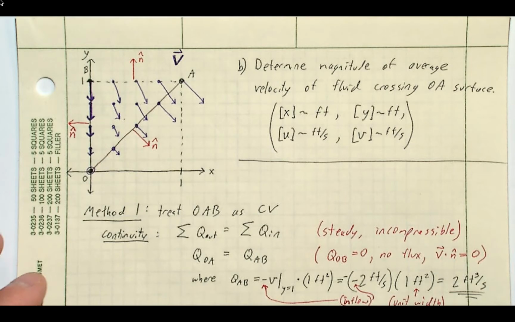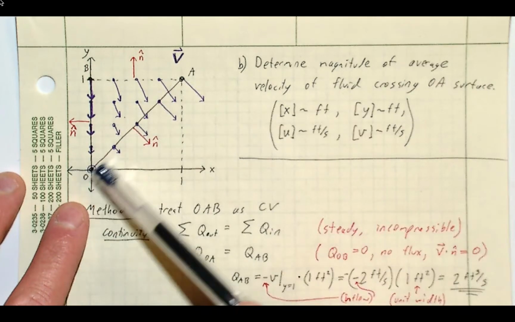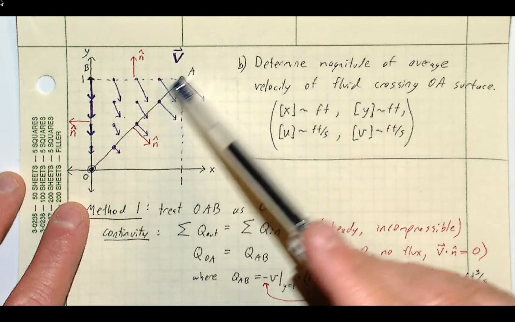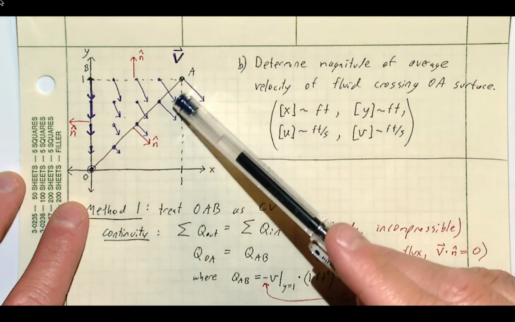So I have 2 methods here. You can already see method 1. In method 1, we rely back on our control volume analysis. In method 2, we rely directly on the definition of average velocity and of volumetric flow rate. So what we really want to do is take the volumetric flow rate through the OA plane here, and then divide by its area.